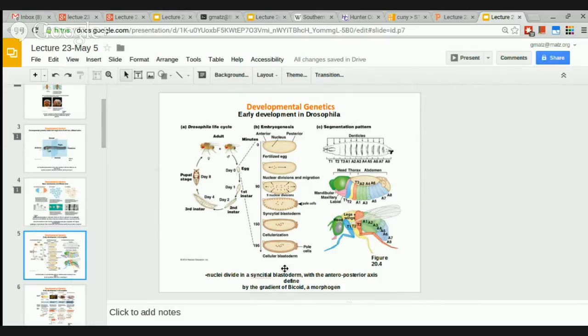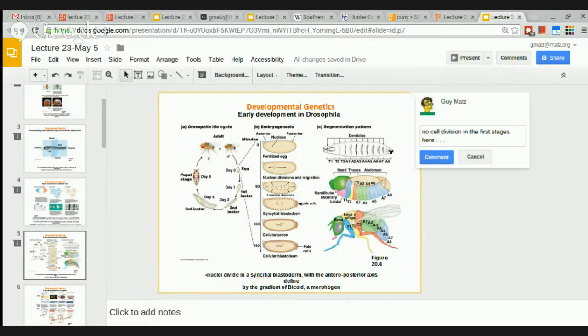So we end up with a single cell that contains something like 9,000 nuclei, somewhere around here, and that cell that contains these thousands of nuclei is called a syncytium. And that's very important to remember, that all these nuclei share the cytoplasm, and that structure is called syncytium, right here.